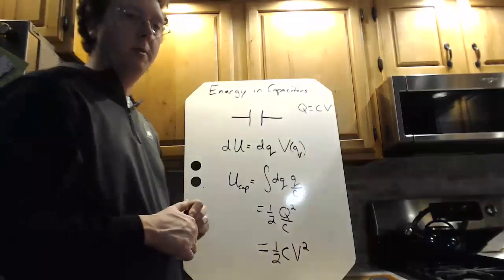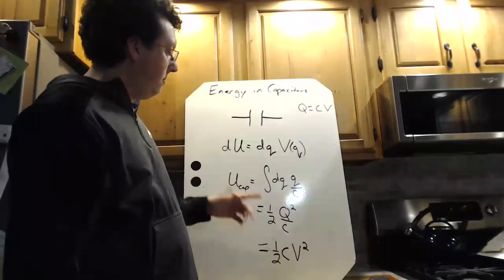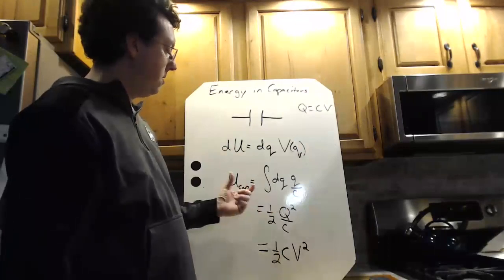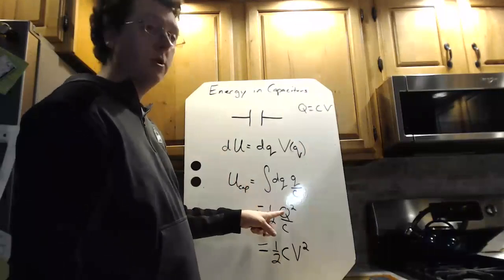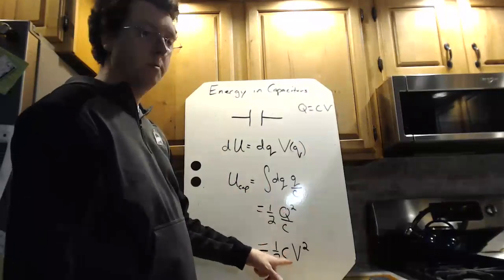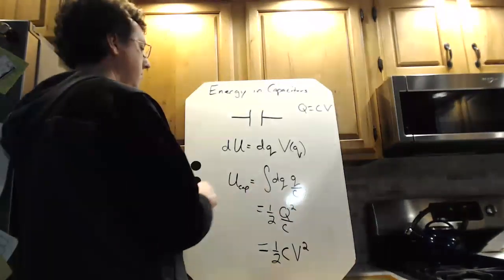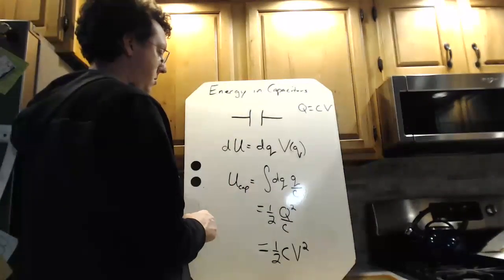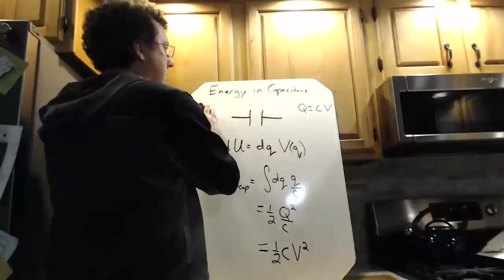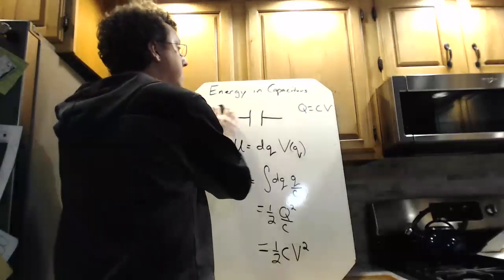And that's a handy formula to have. So you can think of the energy stored in a capacitor in terms of its charge. You can also think of it in terms of its voltage. Okay. Now, an interesting observation.